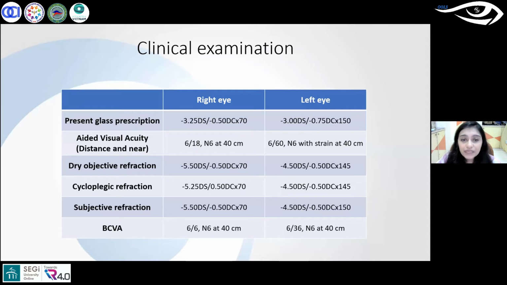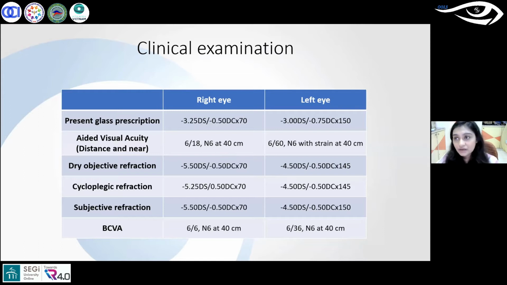Patient's visual acuity was 6/18 and N6 at 40 centimeters in the right eye, and in the left eye it was 6/60 and N6 with strain at 40 centimeters. Upon objective refraction, the actual refraction was minus 5.5 with minus 0.5 cylinder at 70-degree axis, and in the left eye minus 4.5 with minus 0.5 at 145-degree axis.